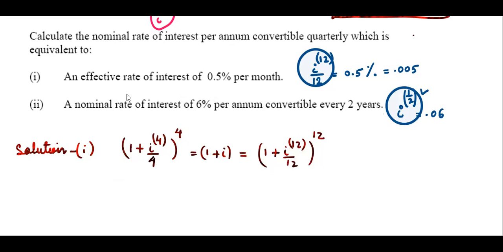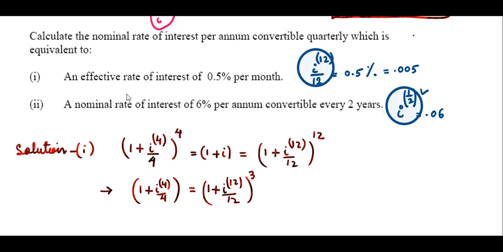Now we need to find i4 here. You take out the middle part, that is not required anymore. 1 plus i4 by 4. This power 4 you take that side. It will be 1 plus i-12 divided by 12, power 12 by 4, that will be 3.